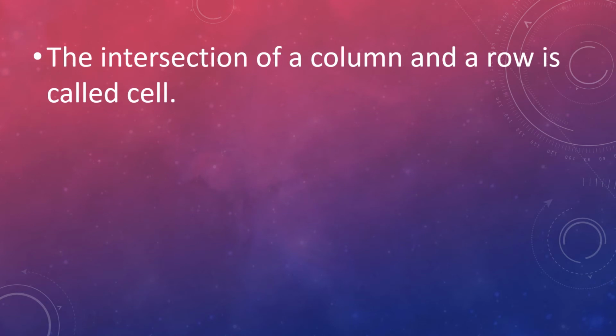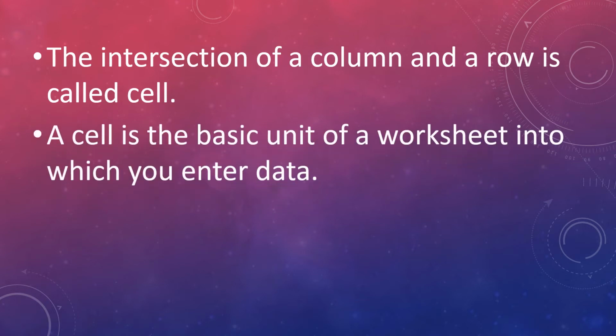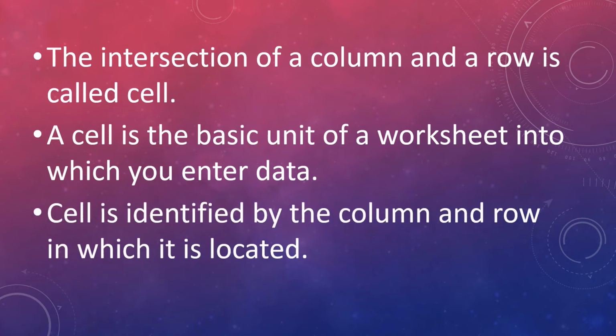The intersection of a column and a row is called a cell. The boxes which you have seen are actually called cells. A cell is a basic unit of the worksheet into which you can enter data. A cell is identified by the column and the row in which it is located.